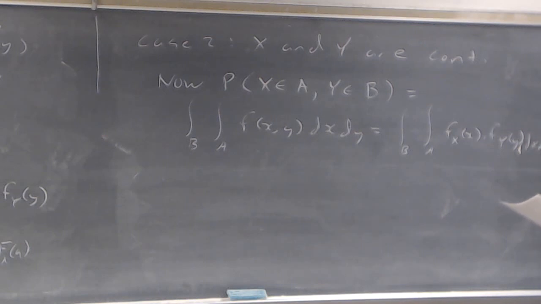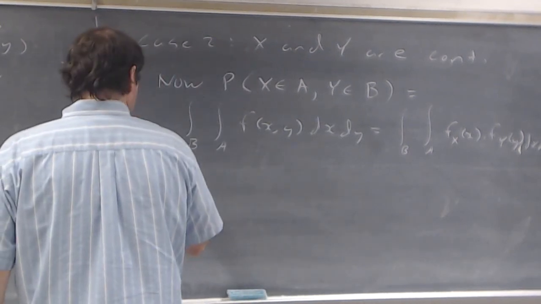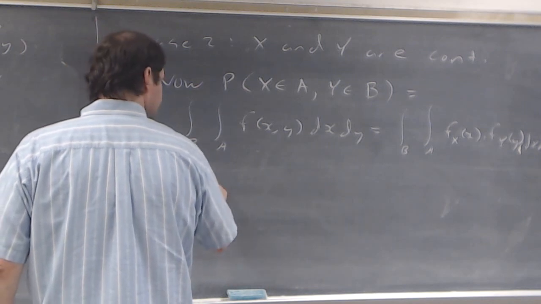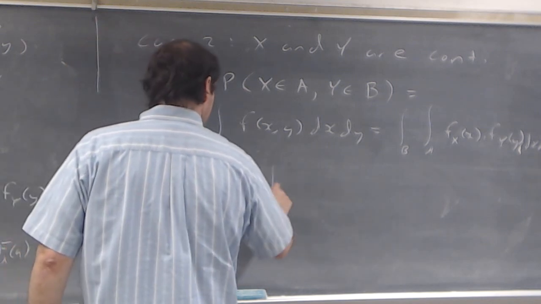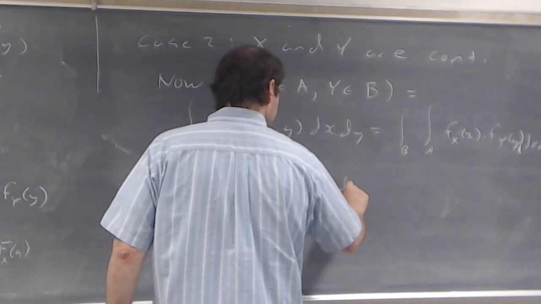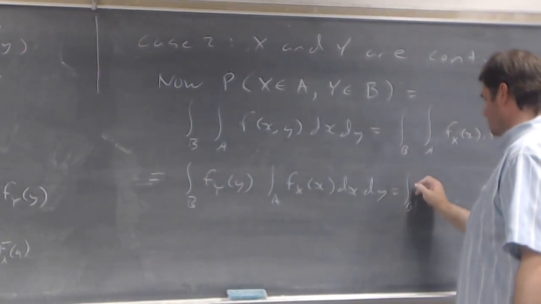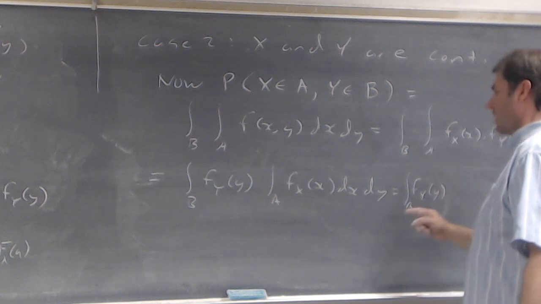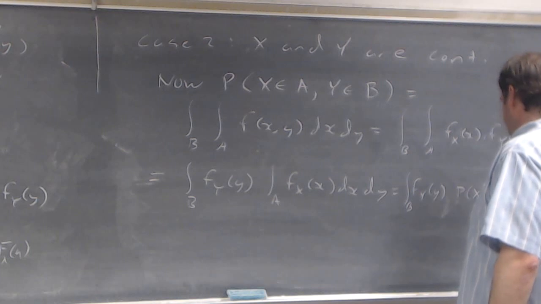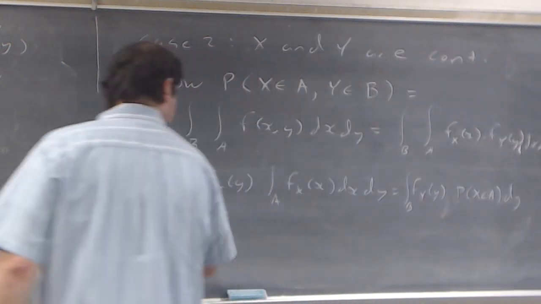right, dx dy, and that's equal to, so the f sub Y can be taken out because it doesn't have an x in it. Integral over A of f sub X, dx dy. This inner integral is nothing more than the probability that x is in A. That's going to be a constant with respect to dy, so it can be pulled out.